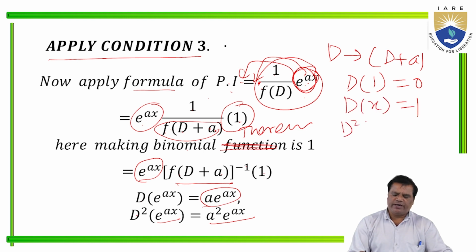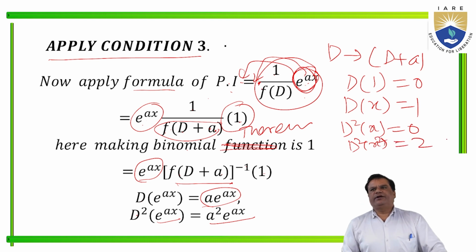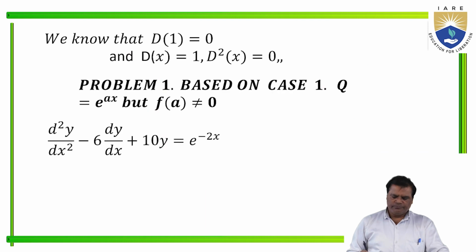Differentiation of x square two times is 2. These are the derivatives with respect to x. So now D1 is 0, Dx is 1, D square x is 2.